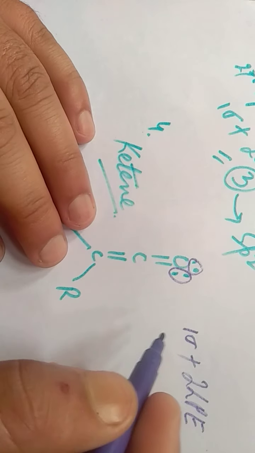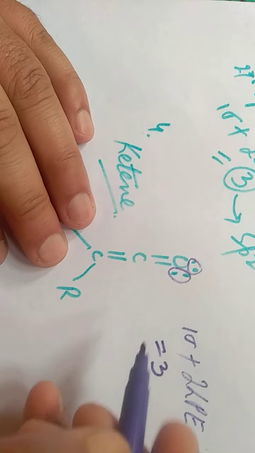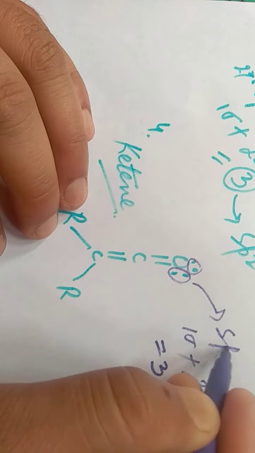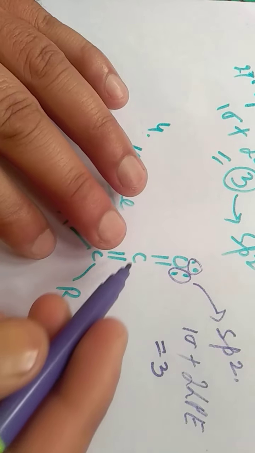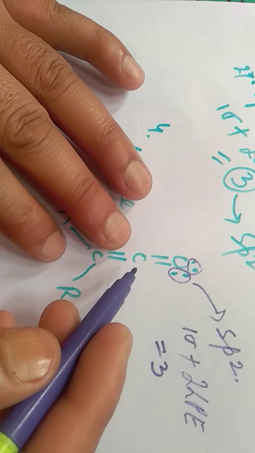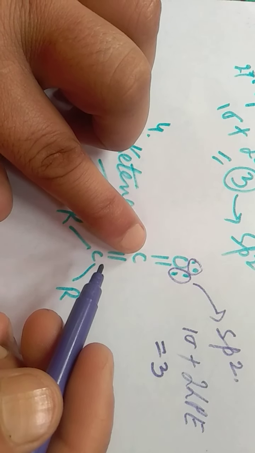So total is 3, right? So this oxygen atom is sp2 hybridized, right?